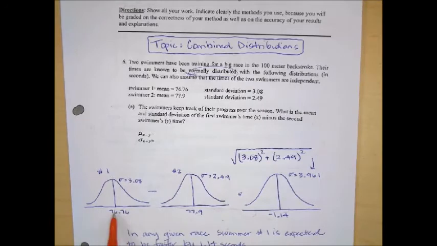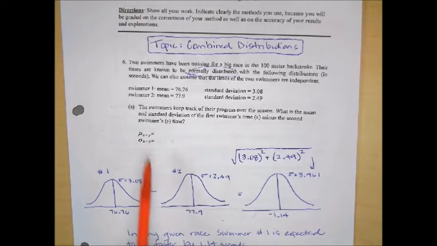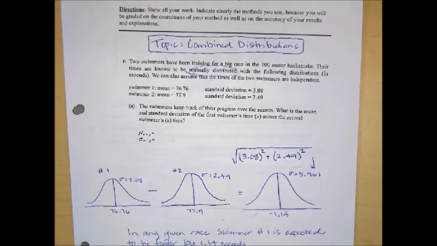Swimmer number 1 has an average of 76.76 seconds with a standard deviation of 3.08. Swimmer number 2 has an average of 77.9 seconds with a standard deviation of 2.49. And the first part of this problem, A, simply wanted to know what would be the combined distribution if we subtracted them.